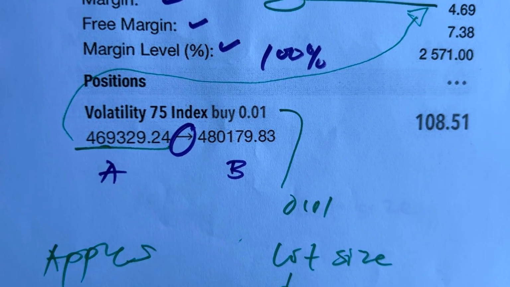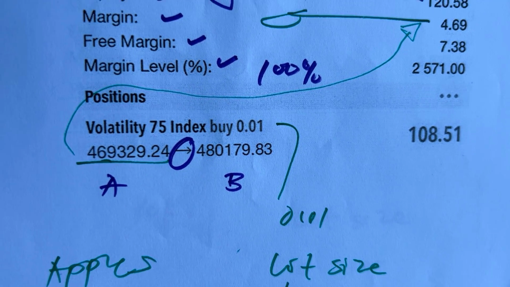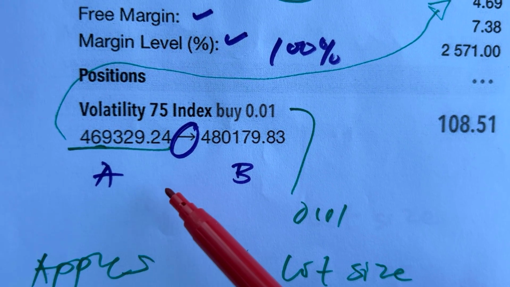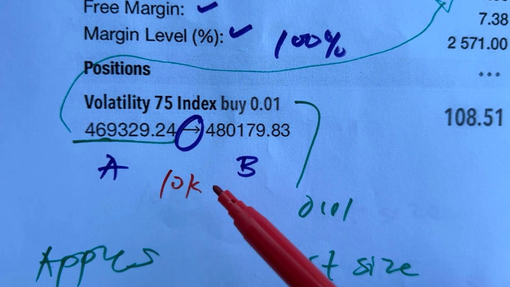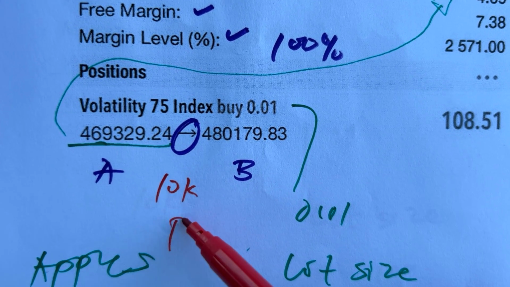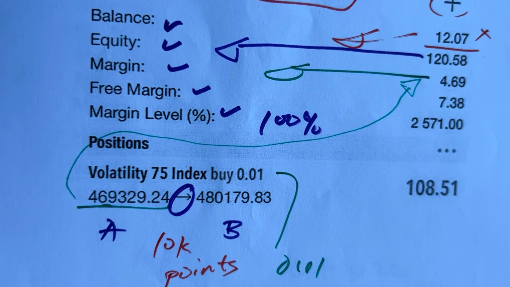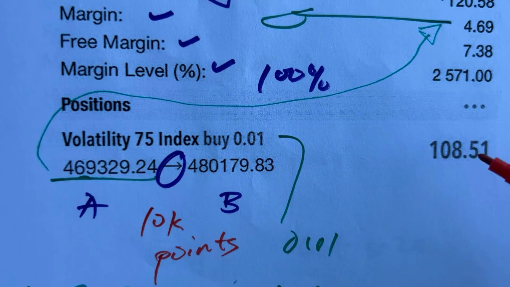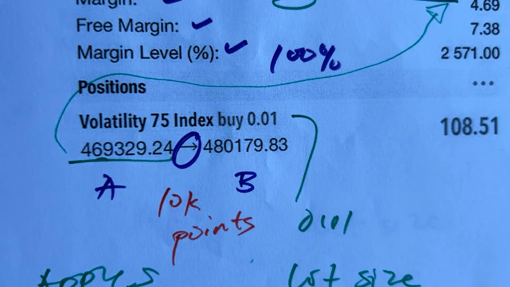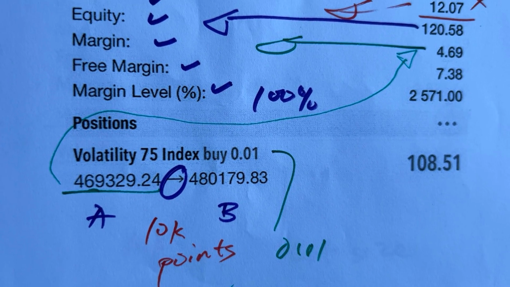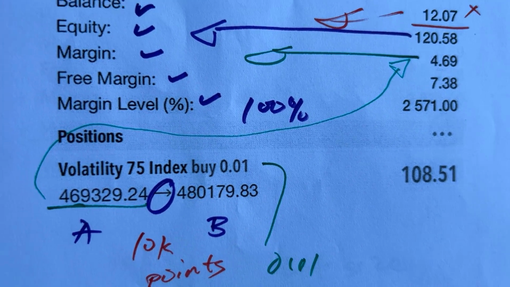And if the graph went up like this, it simply means that I'm able to make a profit, because if you subtract these two, you will get a certain number here, which is 10K. And this 10K is in points. Now, if I have this 10K, based on the lot size, I can calculate this with simplicity, or I can use the app. And that's another lesson for another day.